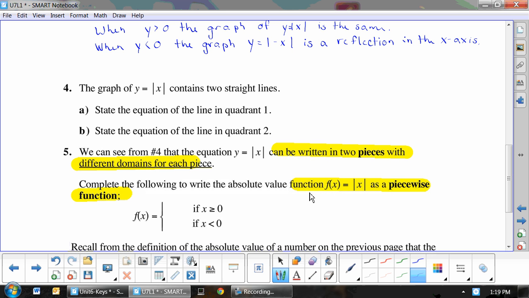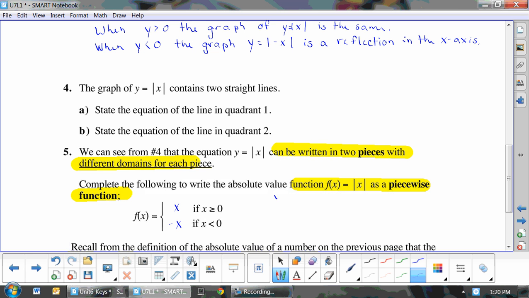So for example, in this one, let's say that when x is greater than or equal to 0, our function is represented by x. And when x is less than 0, it's represented by negative x.